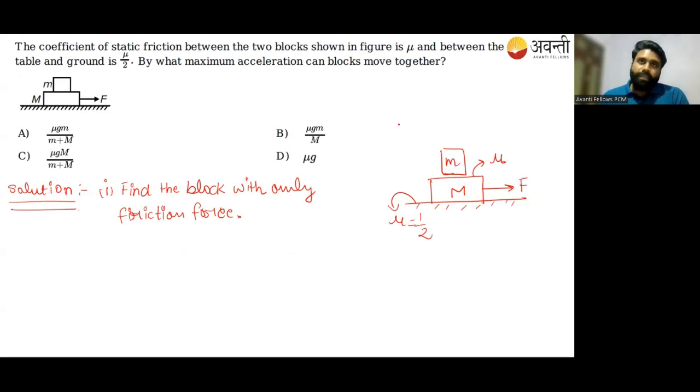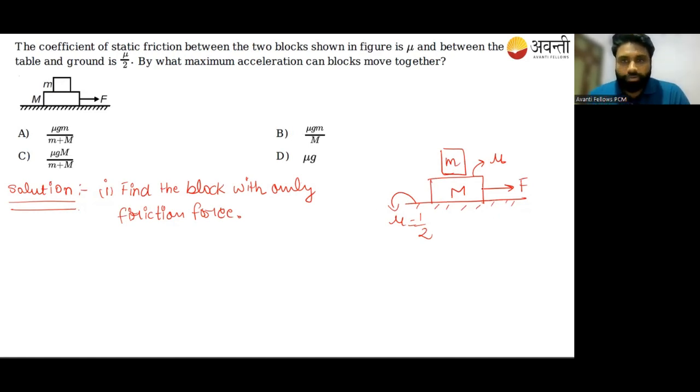On that block, the frictional force has a limiting value, FL. If the value of friction exceeds the limiting one, then the blocks will not move together. Only the limiting friction would hold this system together.